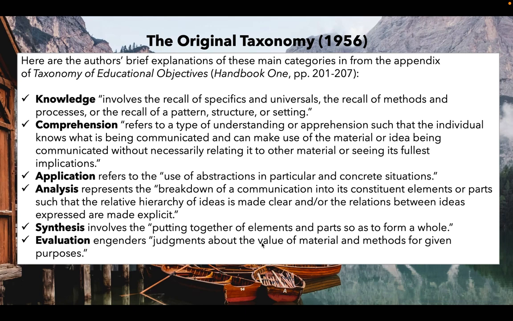The second one is comprehension. It refers to a type of understanding or apprehension such that the individual knows what is being communicated and can make use of the material or idea being communicated without necessarily relating it to other material or seeing its fullest implication.